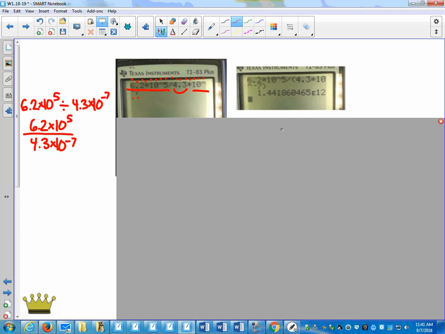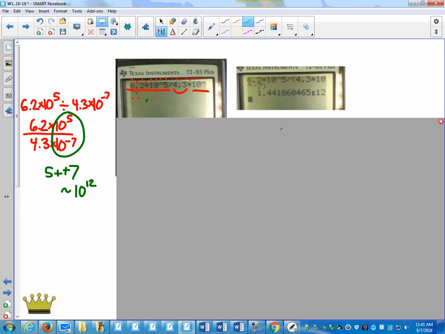So how do we know it's wrong? Well, we go back to ITR. Is this reasonable? If you just look at the powers, a reasonable answer here would be 10 to the 5th over 10 to the minus 7th. So you subtract powers. 5 minus minus 7 becomes plus 7. Our answer should be roughly 10 to the 12th. So if you try this without parentheses in your TI, you're not going to get 10 to the 12th.